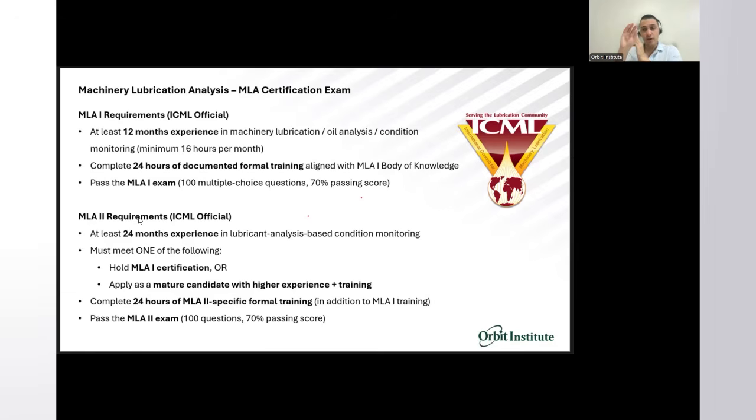Based on all of this, you can go directly to the MLA2 certification exam. However, if you don't have any of this, you should first take the MLA1 certification exam, and then after that apply for the MLA2 certification exam. Okay?